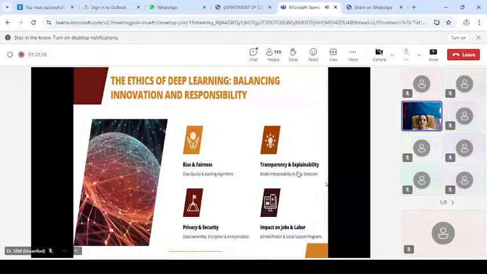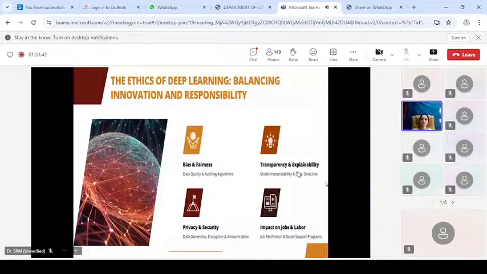This leads to unjust outcomes, maybe in areas such as hiring decisions or even in criminal justice. It is not able to show fairness. So addressing this bias, partiality or unfairness requires a commitment to diversity, and we also need to acknowledge those historical inequalities.